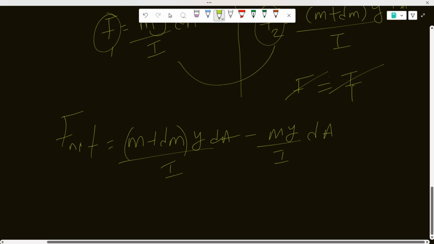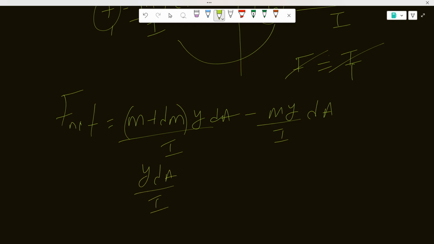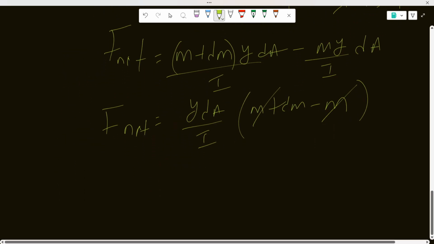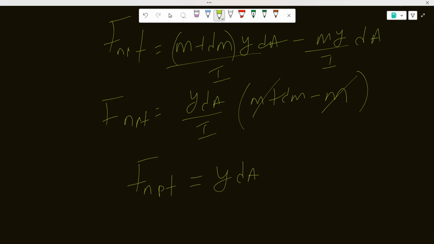After doing your simplifications, y dA over I is constant. So M plus dM minus M, F net. So M cancels M, and we're left with our unbalanced force, which is equal to y dA over I times dM.